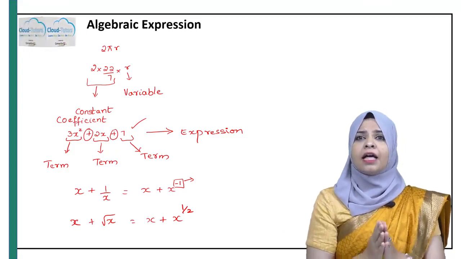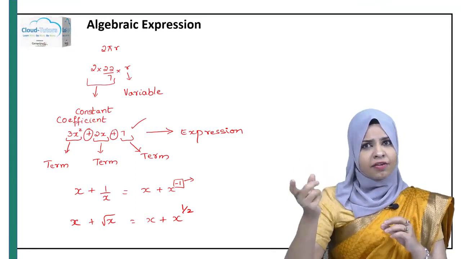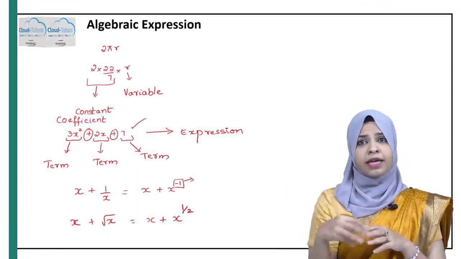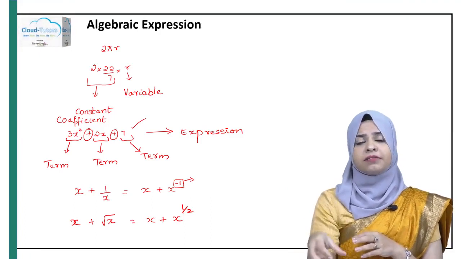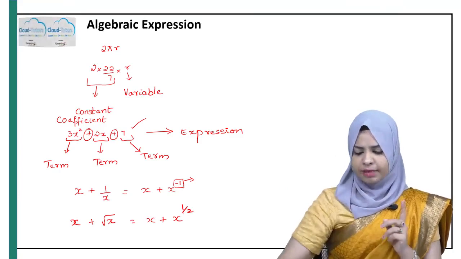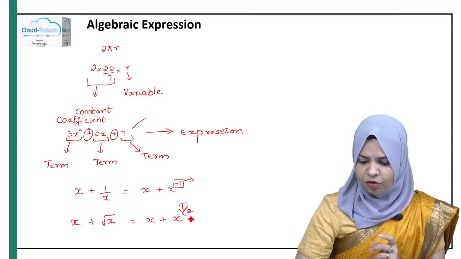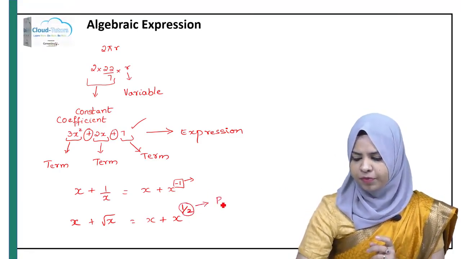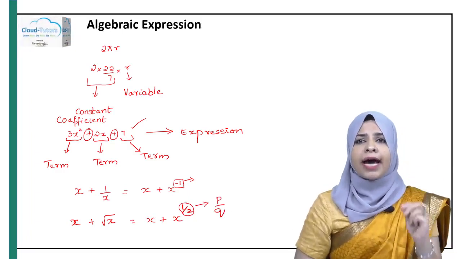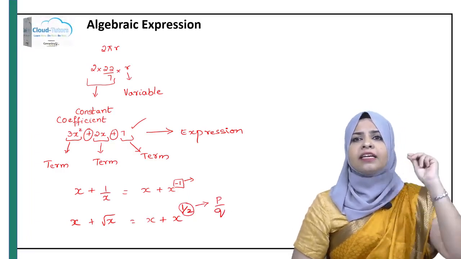Definitely, I said, whenever the power becomes negative, it is not a polynomial. Now, I am saying it is a positive power, but it is a rational number. 1 by 2 is a rational number, right? The power is in the form of p by q. But for a polynomial, the power has to be a non-negative integer.